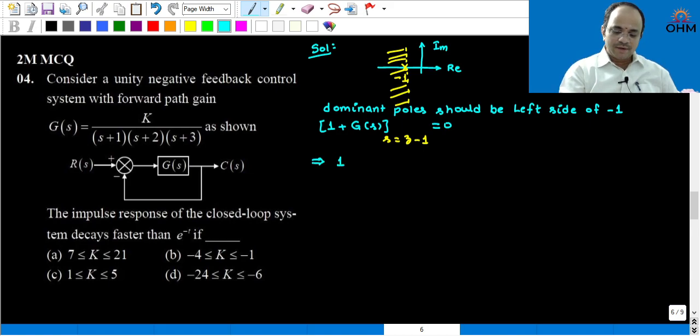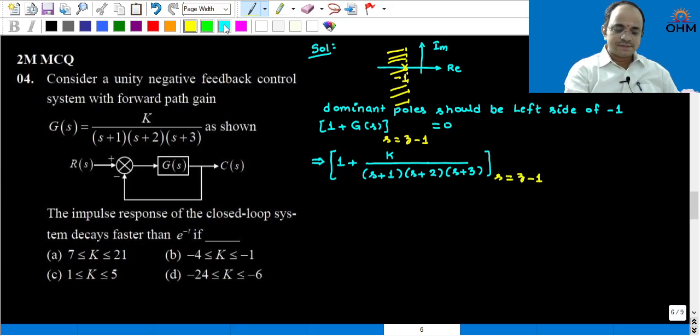Now, here 1 plus G of s is given as k by s plus 1 into s plus 2 into s plus 3. Now, here replace s with z minus 1.